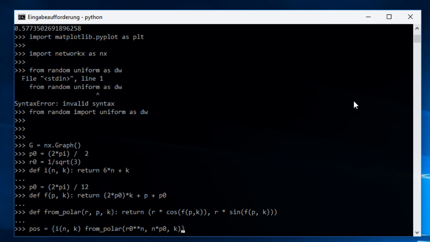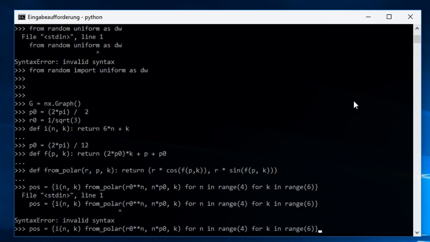And then the k parameter sticks, and we do this for all n in range 4, as well as for all k in range 6. Okay, let's check. Looks good.